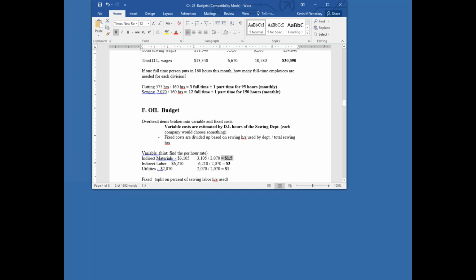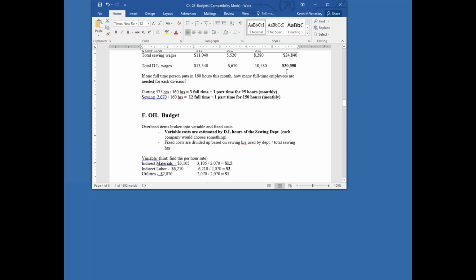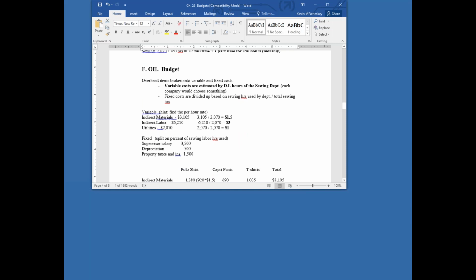So for the sewing, they used 920 hours out of the total 2,070. Whatever the fixed costs are, they should get that percentage because they used that much of the sewing hours, which is our base determinant.